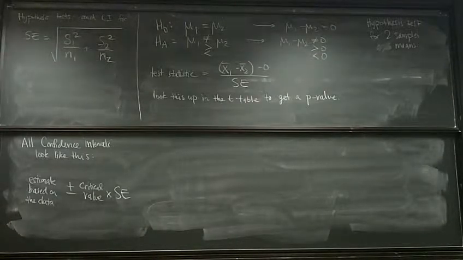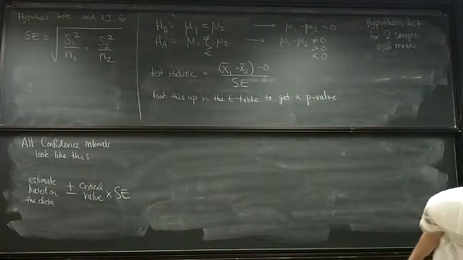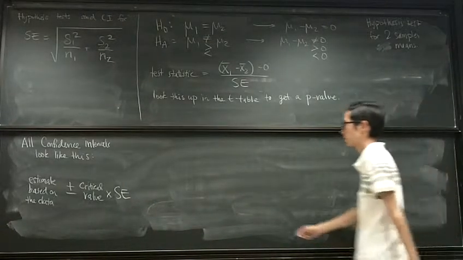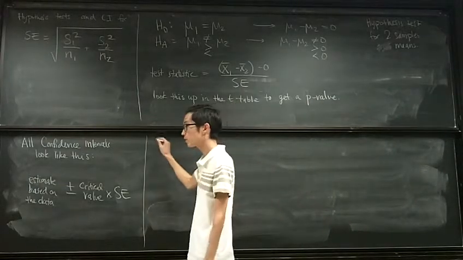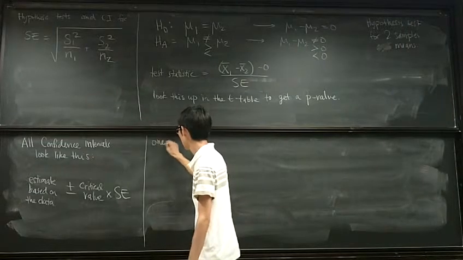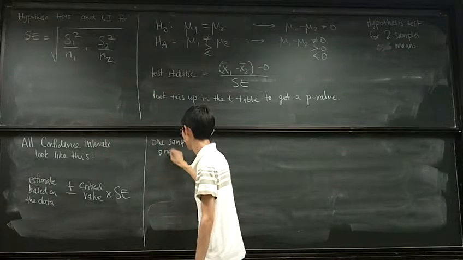Okay? So let's talk about, we have confidence intervals for just 3 different situations. Okay? We have a confidence interval for one sample proportions.